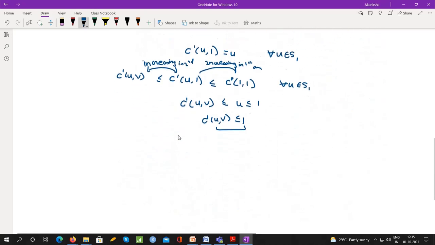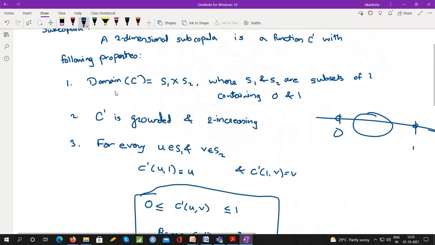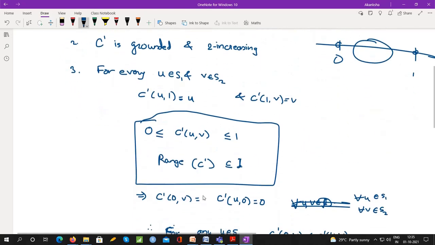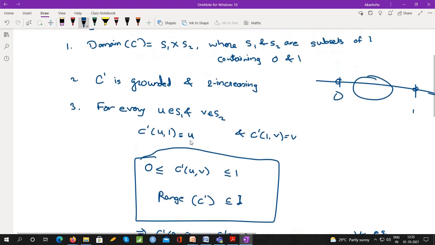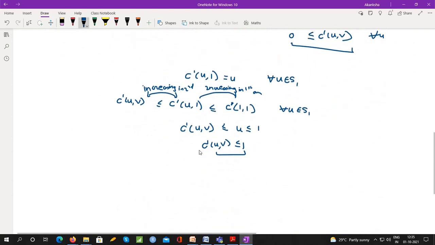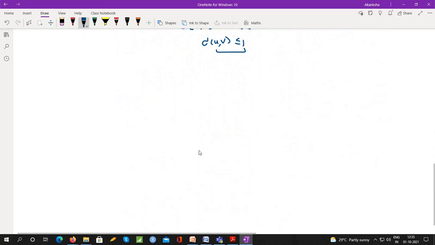Yes, ma'am. So this is the definition of subcopula. Basically these three properties can be derived as a result of the earlier three properties. And from subcopula now we have to define the two-dimensional copula.